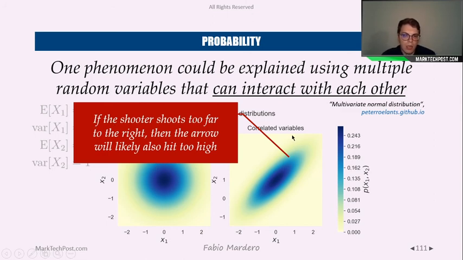If the random variables are dependent, it means that if the shooter, for example, shoots too far to the right, so shoots here, this is the center of the target, then the arrow will likely also hit too high, because the probability of hitting on the right and high is greater than here, which is almost equal to 0.